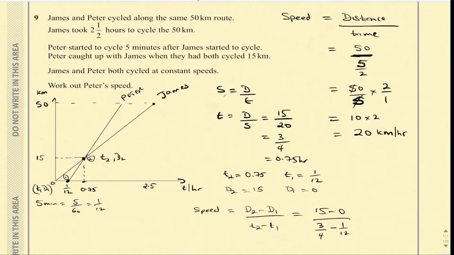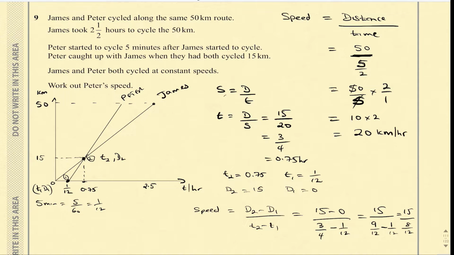So I decided to work in fractions. So that would be 15 over 9/12, because I'm multiplying both top and bottom by 3 to keep the same denominator, 1/12, and that will be 15 over 8/12.